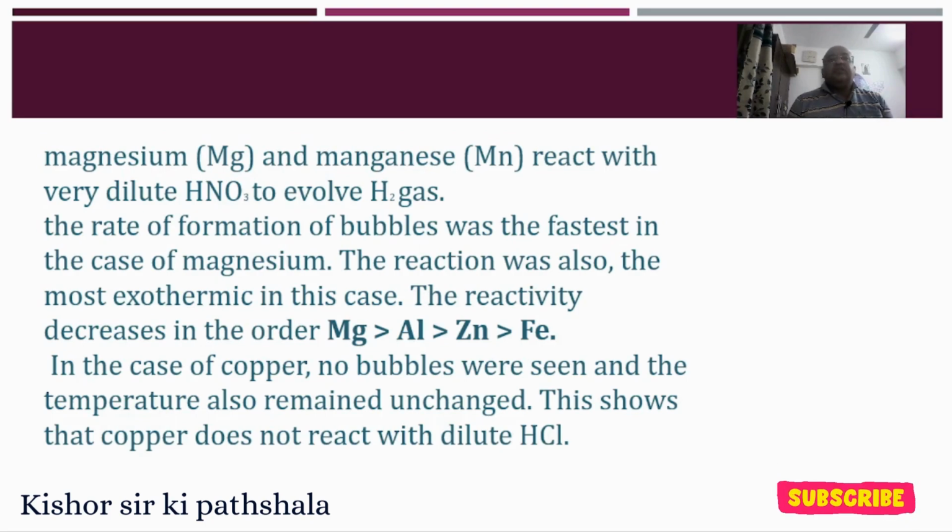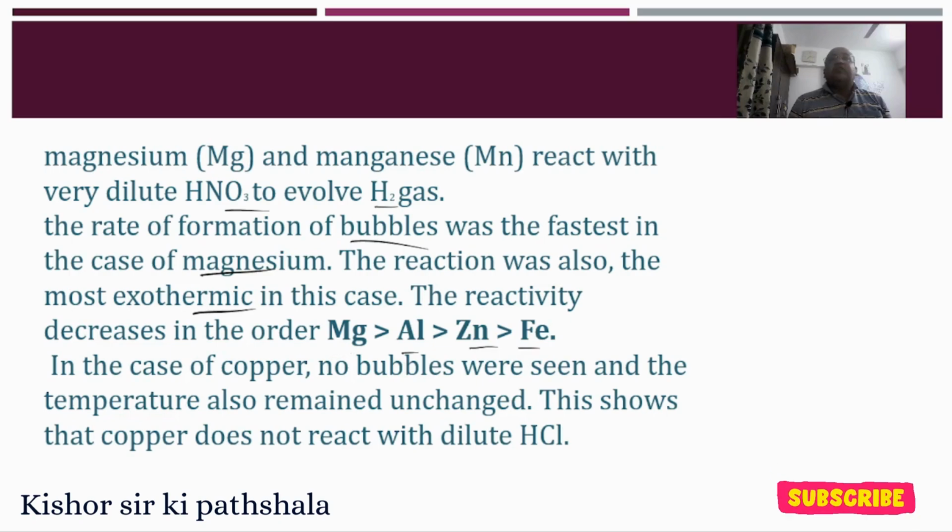Magnesium and manganese react with very dilute nitric acid to evolve hydrogen gas. The rate of formation of the bubbles was the fastest in case of magnesium, and the reaction was also the most exothermic in case of magnesium. The reactivity decreases in the order of magnesium, aluminum, zinc and iron.